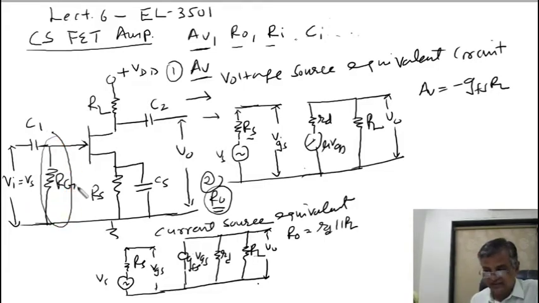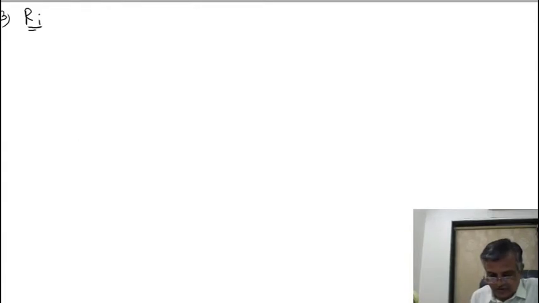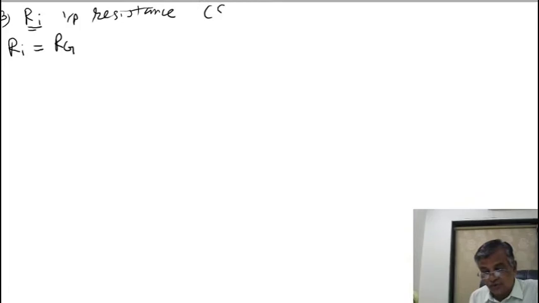So you can easily say the input resistance of the common source FET amplifier is given by RG, because the resistance at the input section is called the input resistance of the amplifier.